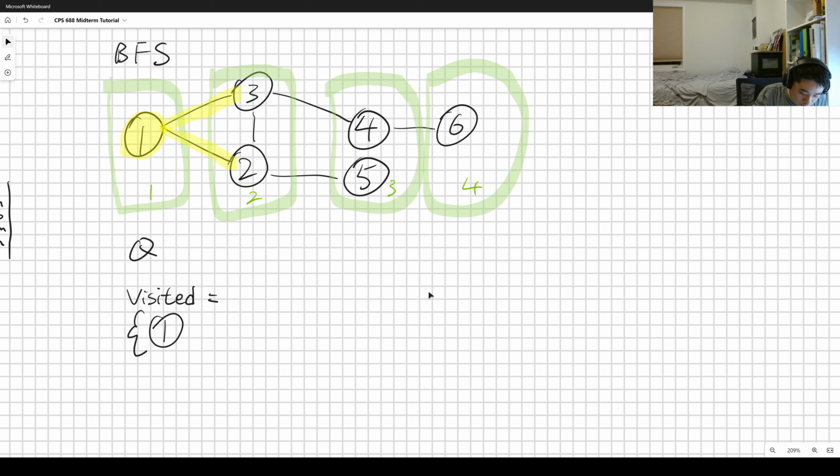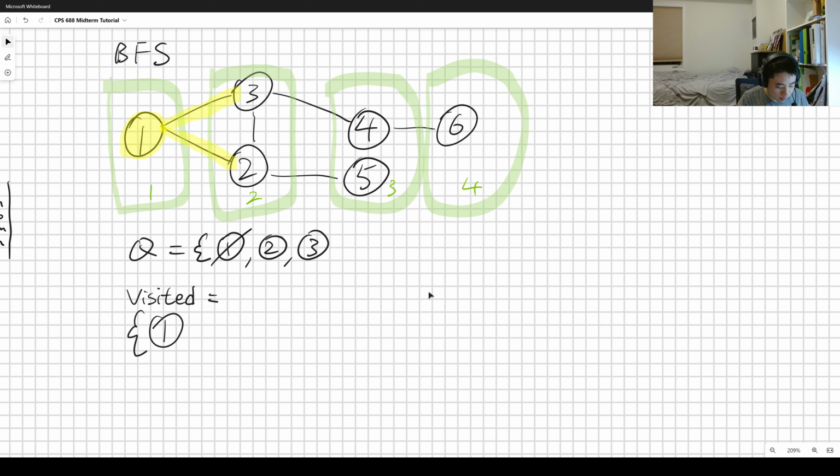So for the queue, I've already taken care of one, but I will also then take care of 2 and 3. I'm not gonna close that curly bracket because we still have some things to add there.